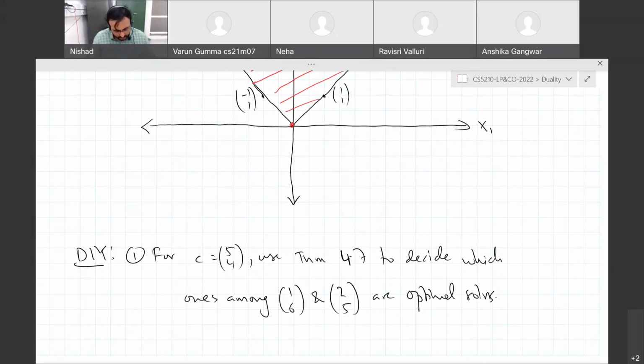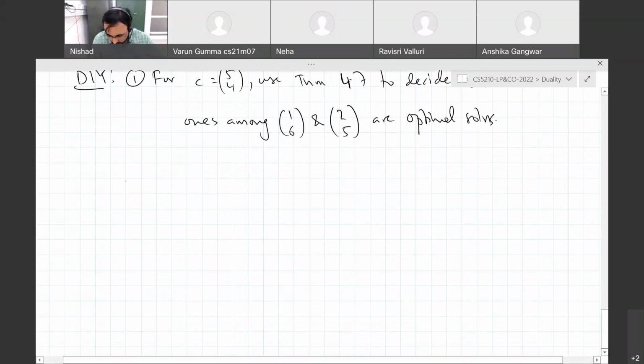And also, let's say x bar is equal to 4, 1. So this is a feasible solution for the linear program we considered today.